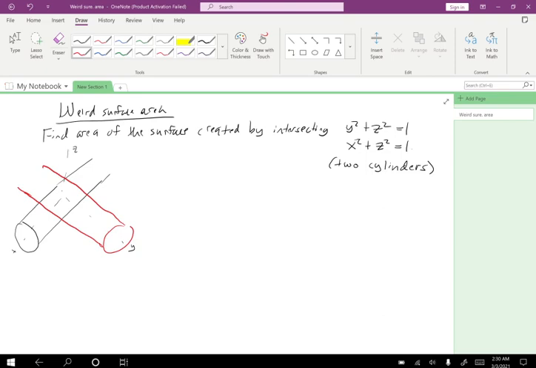I mean, one way you can kind of get a sense is to draw it with cross sections. For example, if I fix x, then what you do is you just plot y with z.